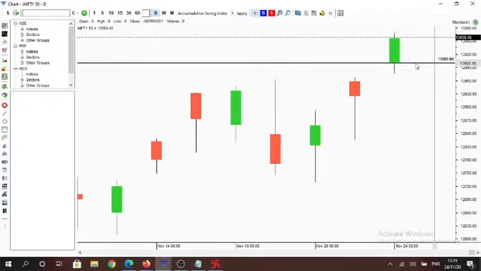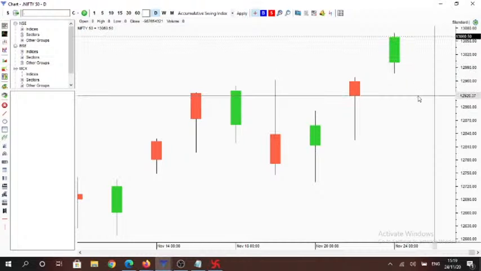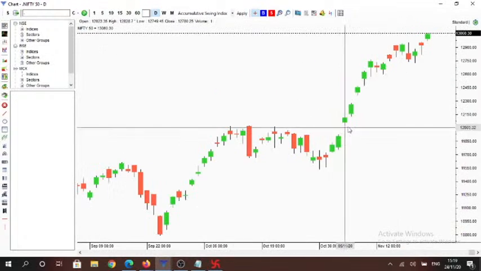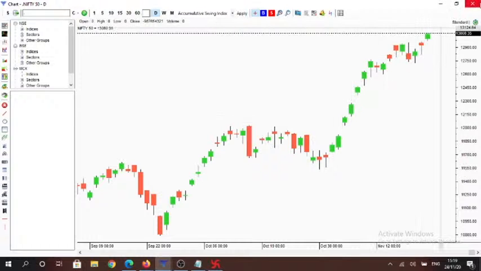But the issue is that Nifty is at all-time highs right now, and 13,000 is a psychological level, and many folks were buying puts aggressively, in order to hedge their portfolios or maybe speculate on a down move.